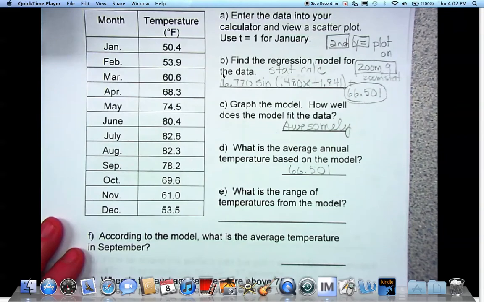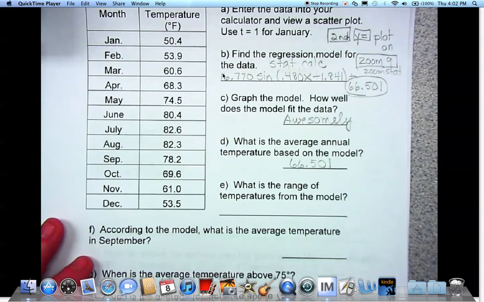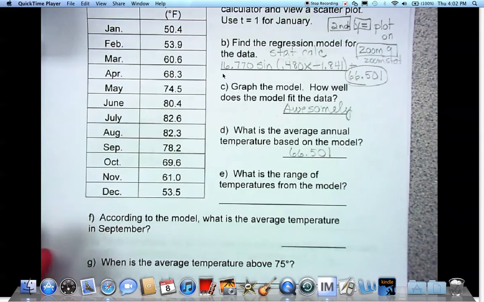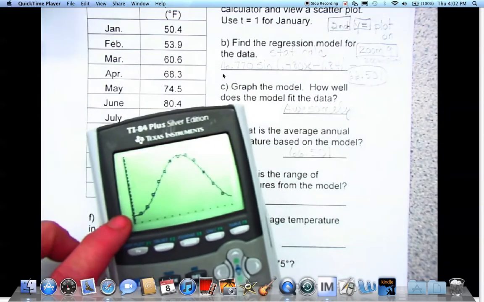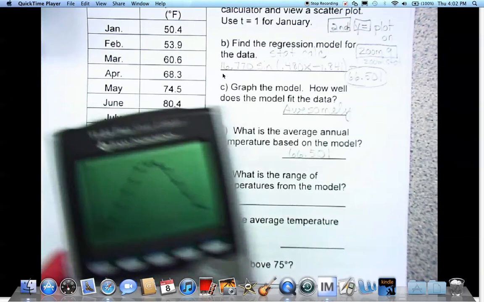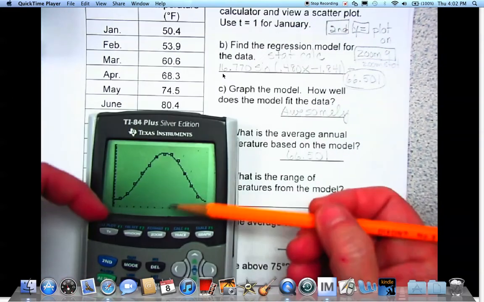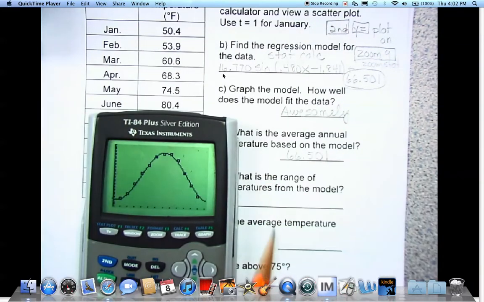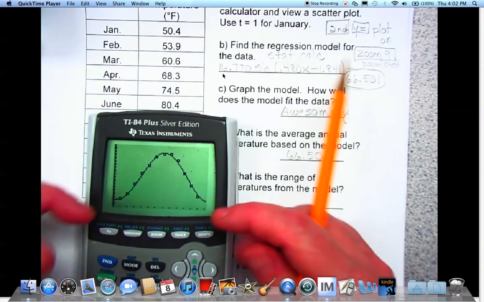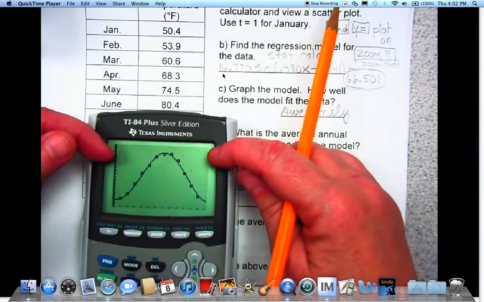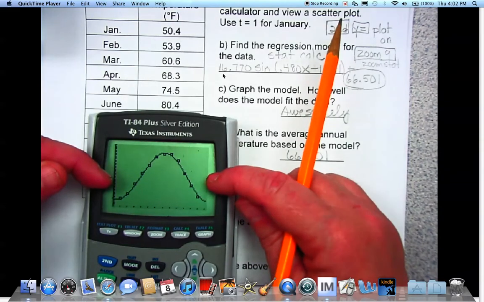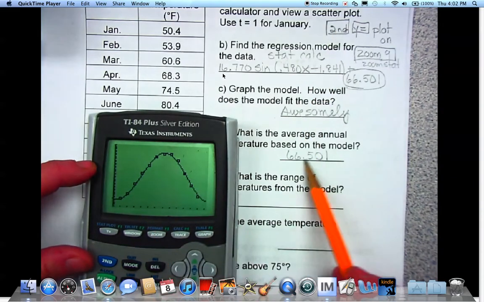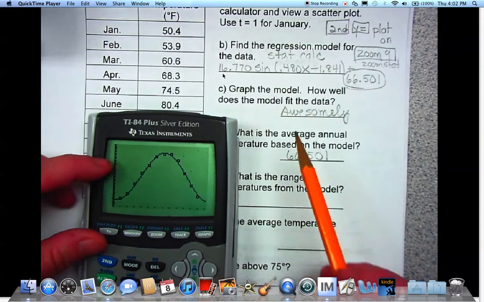Then what is the range of temperatures from the model? So we're not getting them from the table, we're getting them from the equation. Would that be kind of like the period? Well, it'll be close if you're going from here to here. If we knew the amplitude, because we know the middle is at 66.50, what's the amplitude?